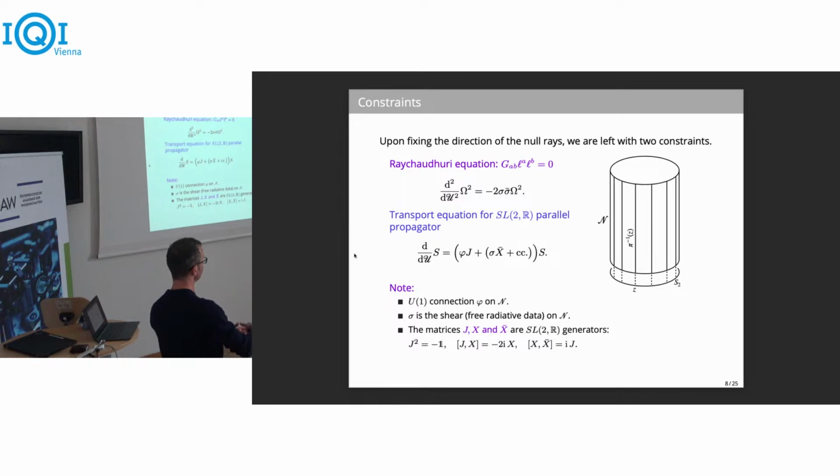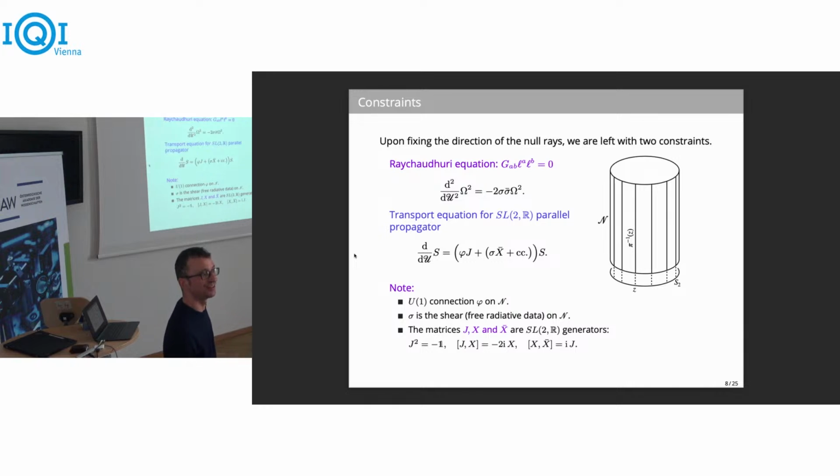If the shape of these triangles changes as we move forward in time, the shear will be non-zero, and it will encode the effect of gravitational radiation. If gravitational radiation crosses the null boundary, it will affect the geometry by changing the shear degrees of freedom. So gravitational waves do this shearing.